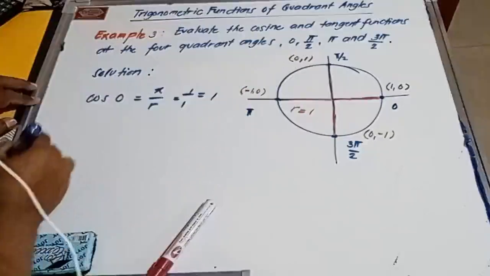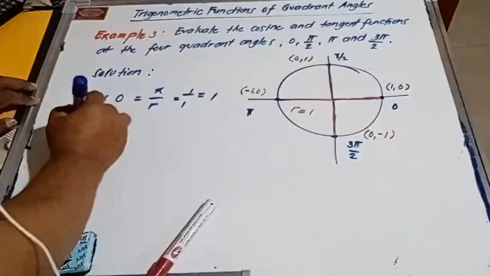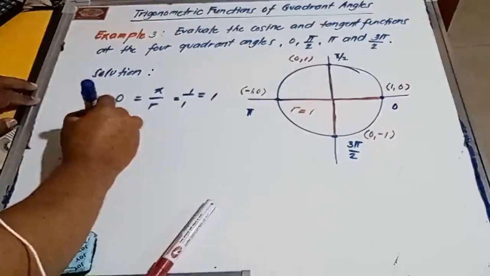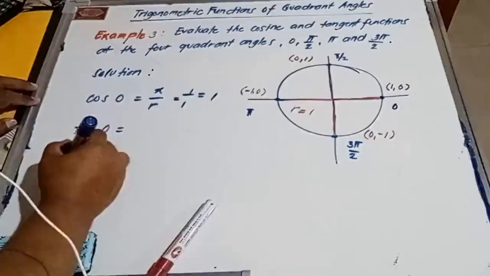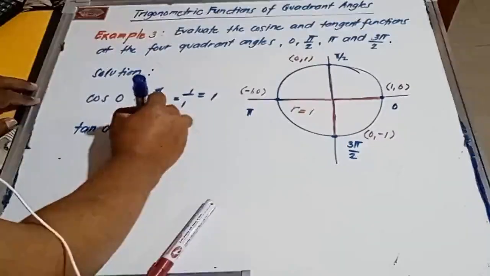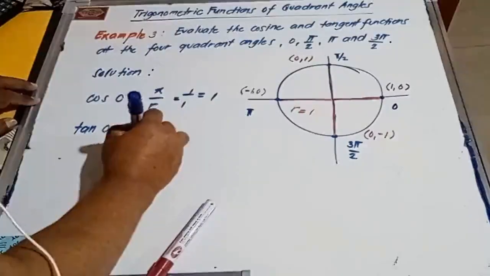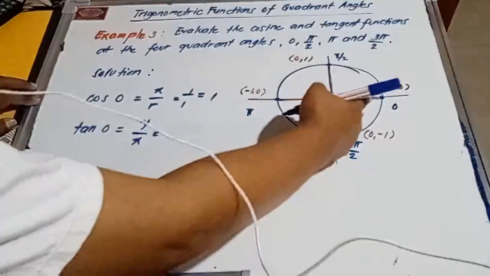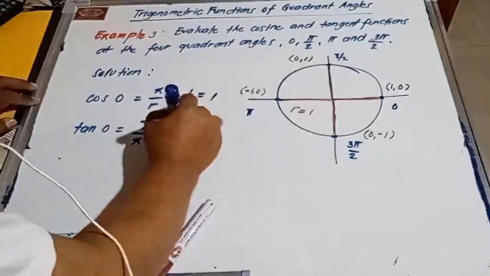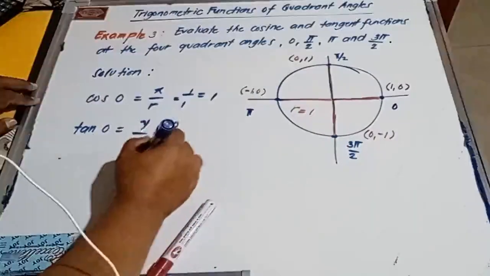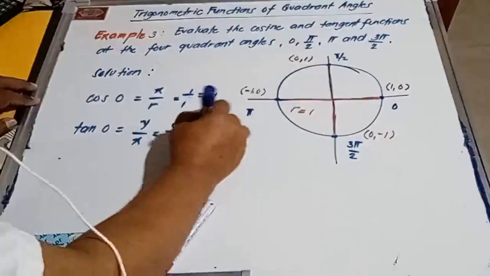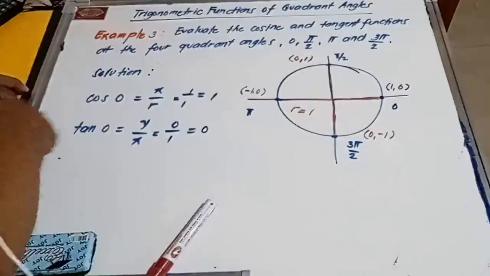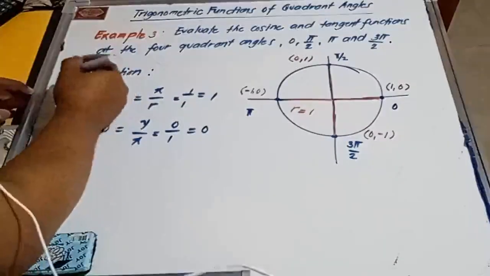Therefore, cosine 0 is 1. Next, tangent 0. Ang ratio ng tangent is y over x. Okay? Ang y natin ay 0. Ang x natin ay 1. Therefore, tangent 0 is 0. This is for 0 angle.